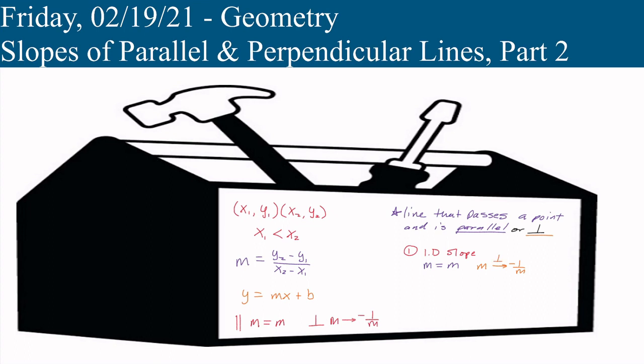Okay. So the first step is to ID your slope. Then you're going to use this new slope, right? And you're going to plug into y equals mx plus b using the coordinate they give you, using that coordinate point, and solve for b.